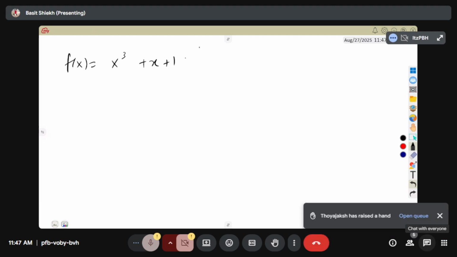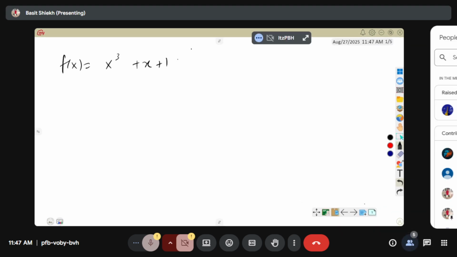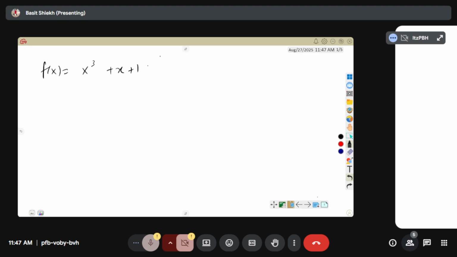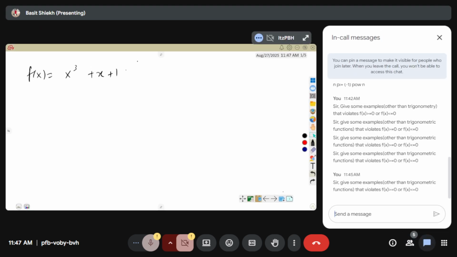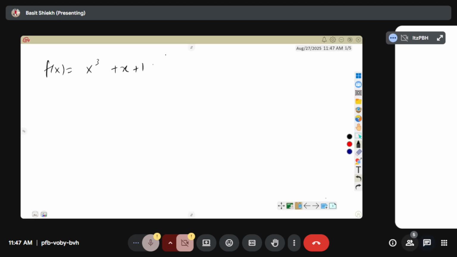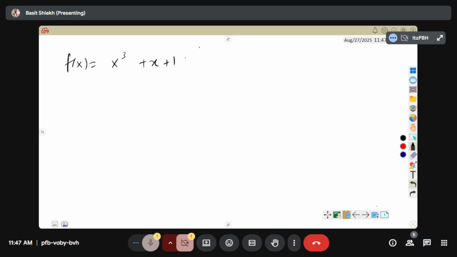Sir, let us give some examples other than trigonometry that violate this, where f dash x is greater than or equal to 0 or less than or equal to 0.